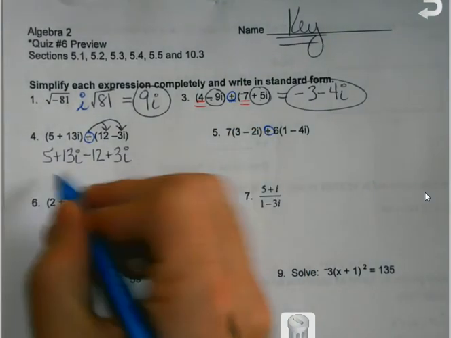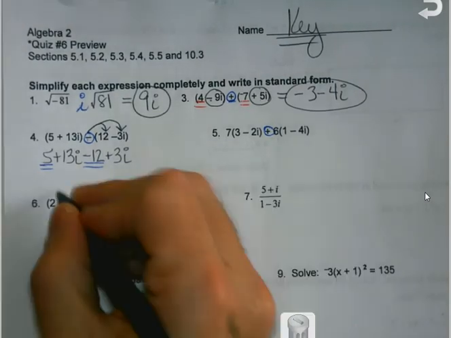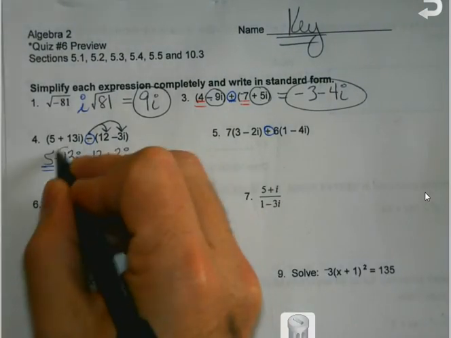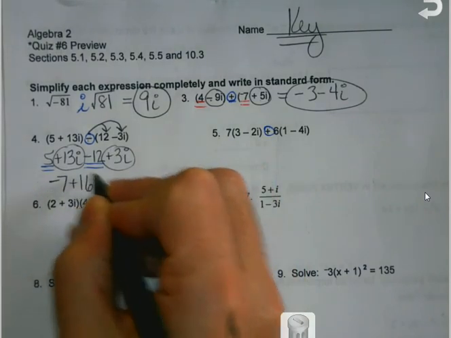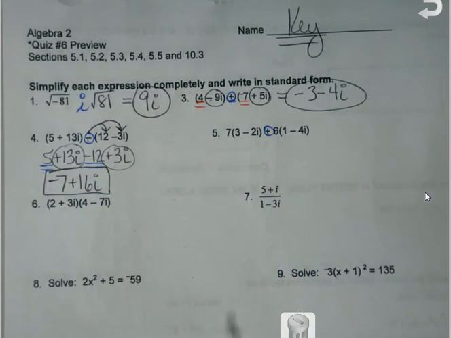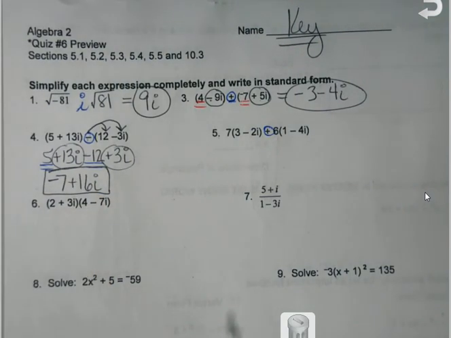And then all I've got left is to combine the terms that are alike. Okay, and I'm set. I can't combine the negative 7 and the 16 because this has got an i and this doesn't. So that'd be all I could do on that one.